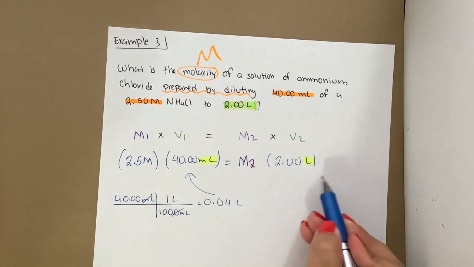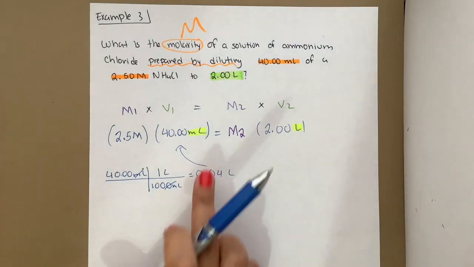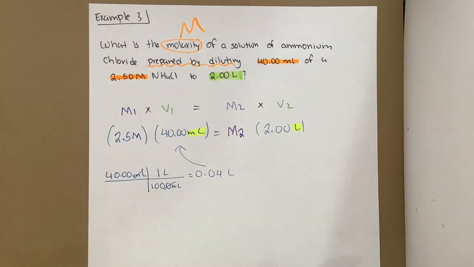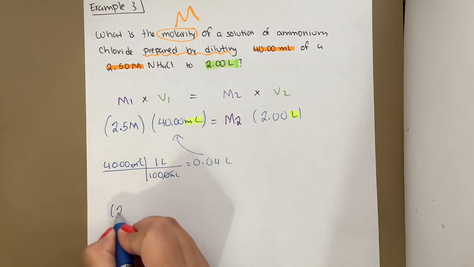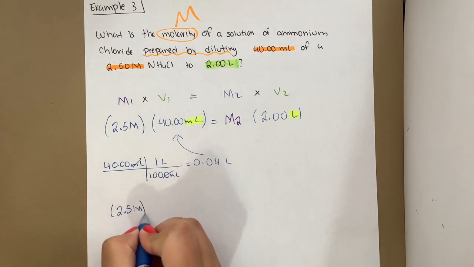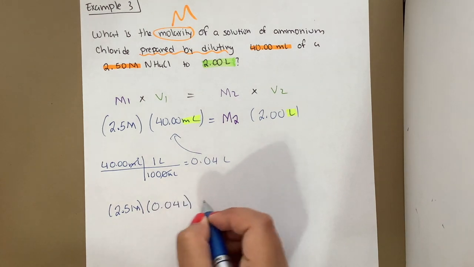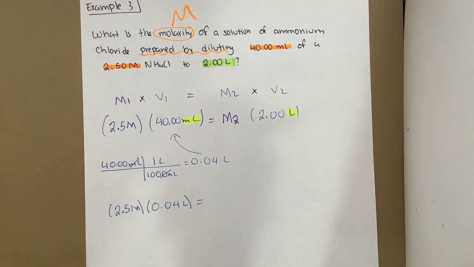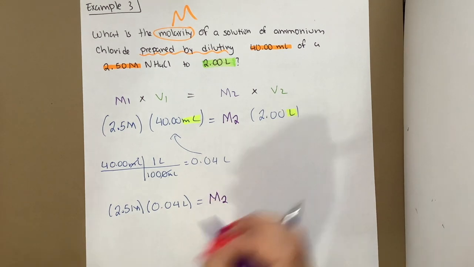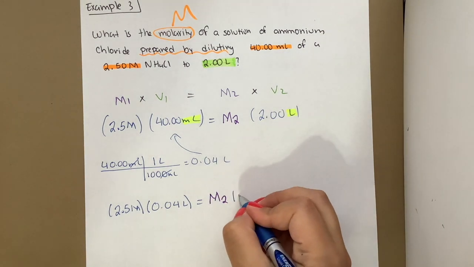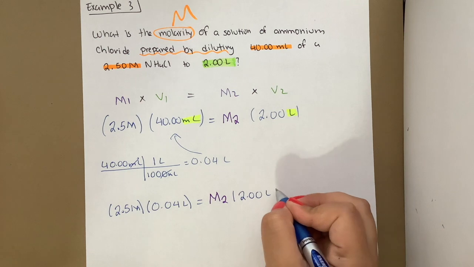Okay, so now I'm going to rewrite this whole thing, but instead of writing in milliliters, writing it in liters. So I have 2.5 molar. My new volume in liters, 0.04 liters, equals M2 times 2 liters.